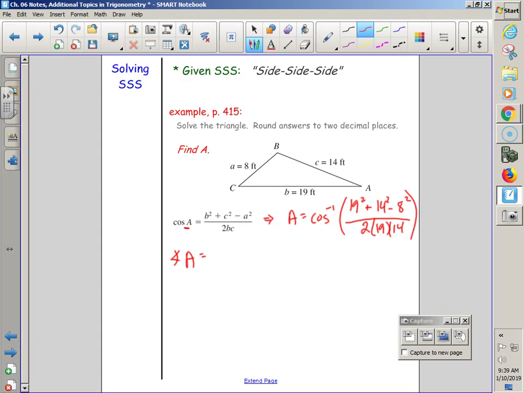Now some of you might be like, aw, stink. Last section, when we had to solve for an angle, sine inverse, we had to do checking 180 minus sine inverse. Now here's the nice thing about cosine. Is cosine the same thing in first and second quadrant like sine is? Nope. Cosine is the same thing in the first and fourth quadrants, where cosine is positive.